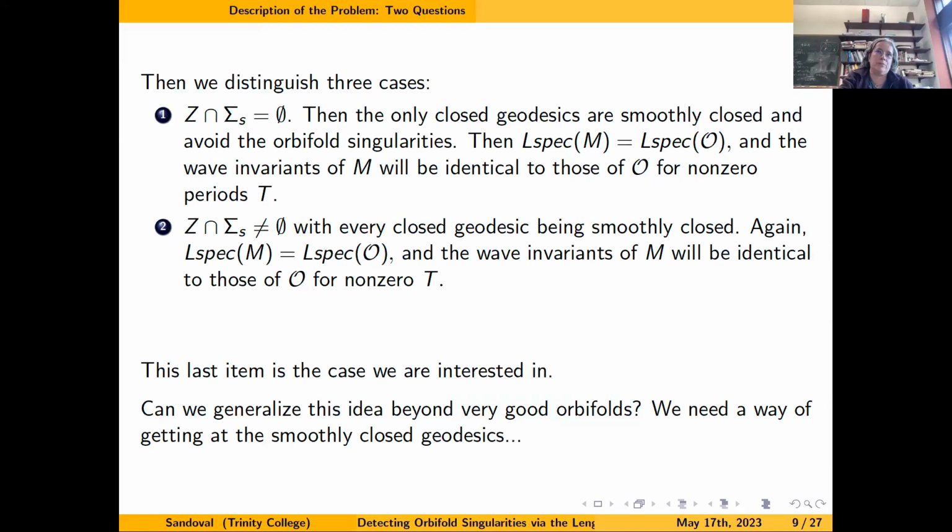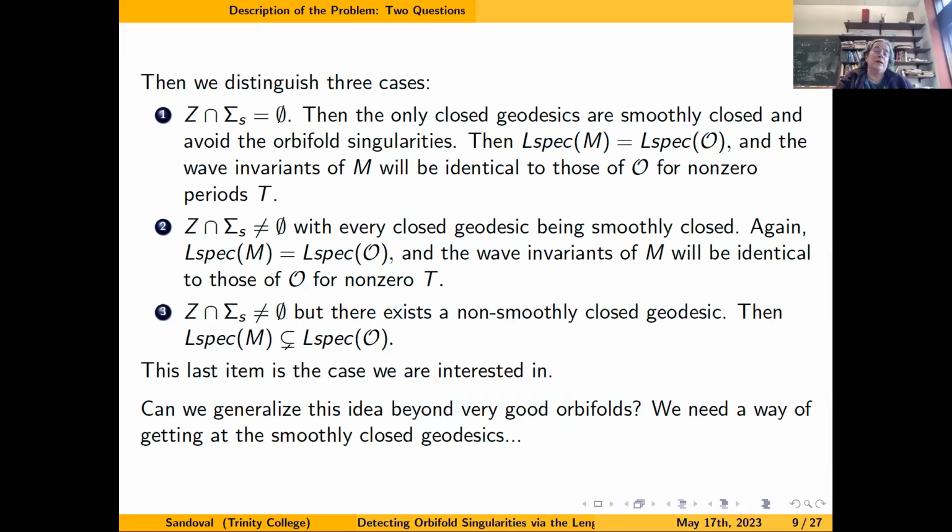So we can't detect that. The situation we're interested in is this last case, where the closed geodesics intersect the singular set, and there exists a non-smoothly closed geodesic. In that case, the length spectrum of M will be properly contained in the length spectrum of the orbifold. And that's what we'd like to detect.